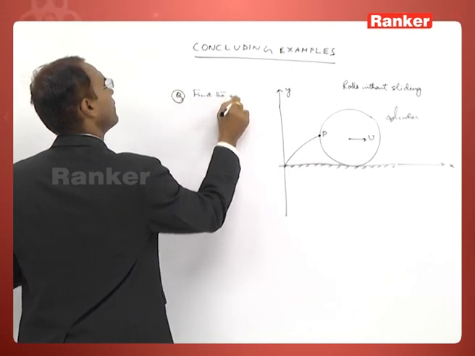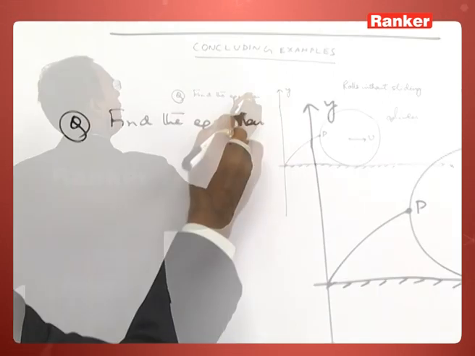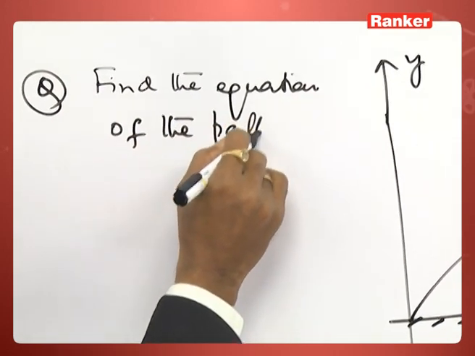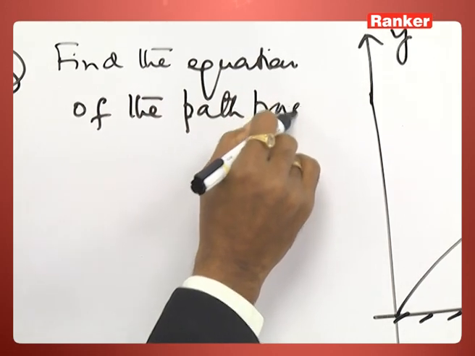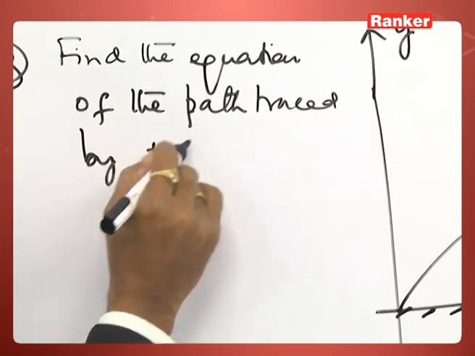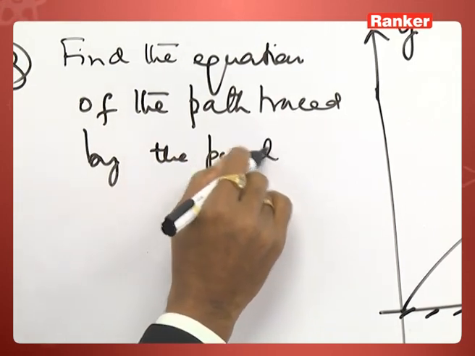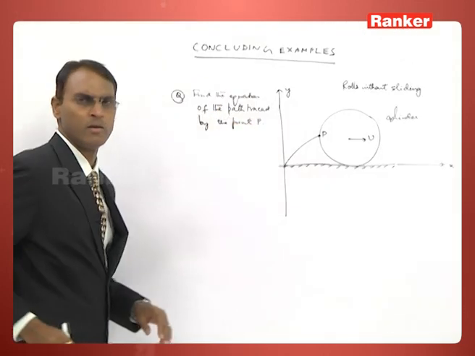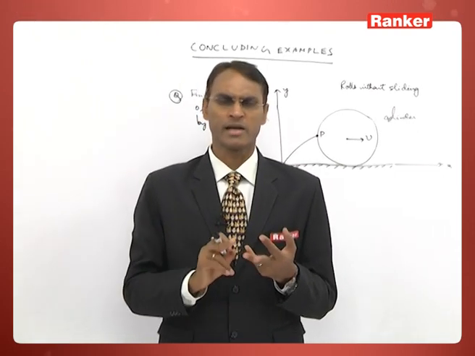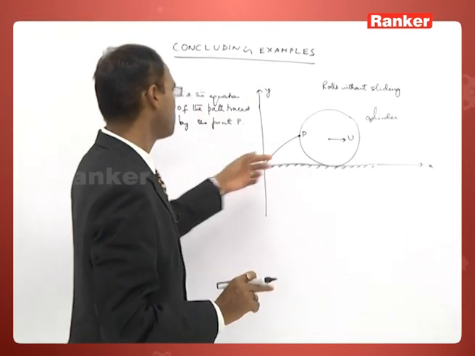Find the equation of the path traced by the point P. Using both the ways, the ground frame method and the relative motion method, let us find it.